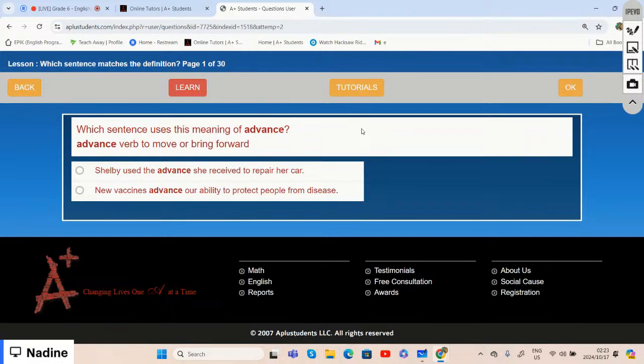All right. And if we were to select the correct option, the meaning that matches the definition is to move or to bring forward. Option one says Shelby used the advance she received to repair her car.